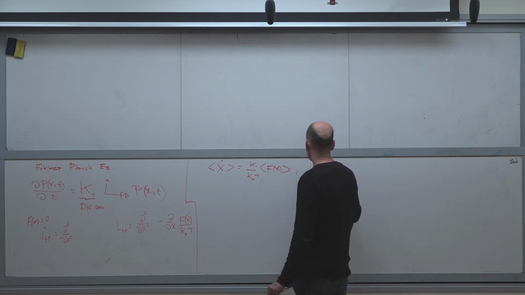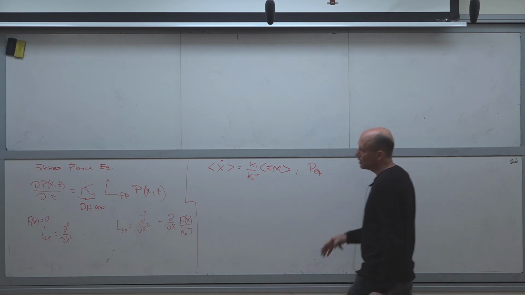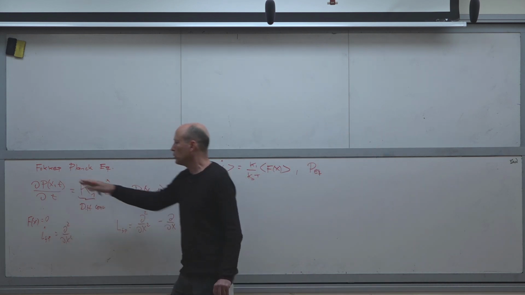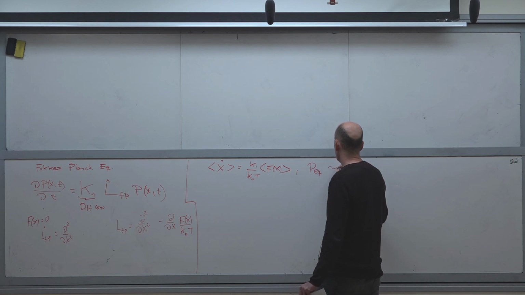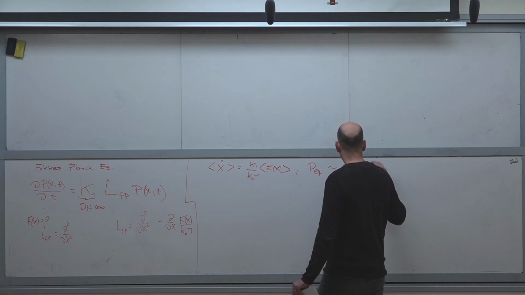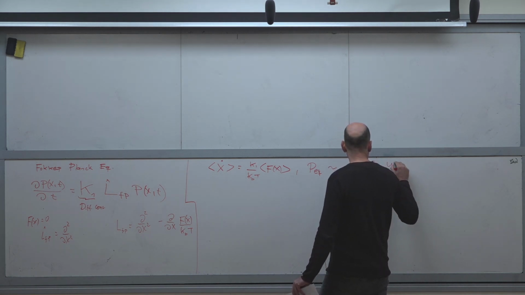And also we know that if you have an equilibrium, which means if the potential is binding, so this force has some potential, let's say a harmonic potential, then in the long time limit you get Boltzmann statistics.